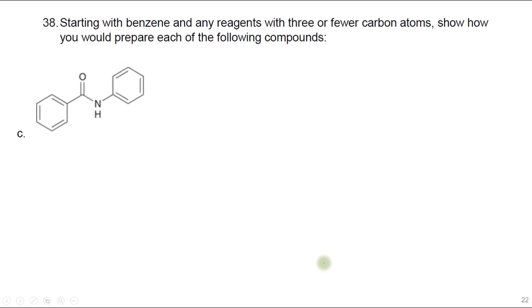All right, again, we're starting with benzene and 2 or fewer reagents. So if I'm going to do my retro, I have benzene plus here, I'll need to make an acid chloride. So again, I'll start with aniline.